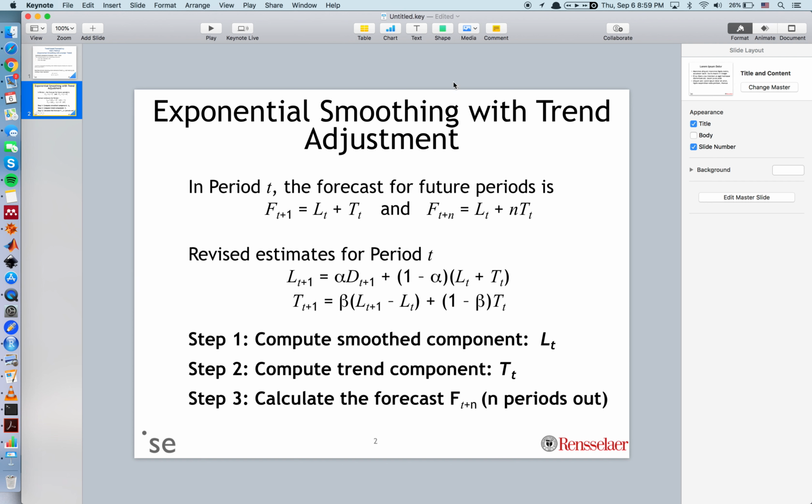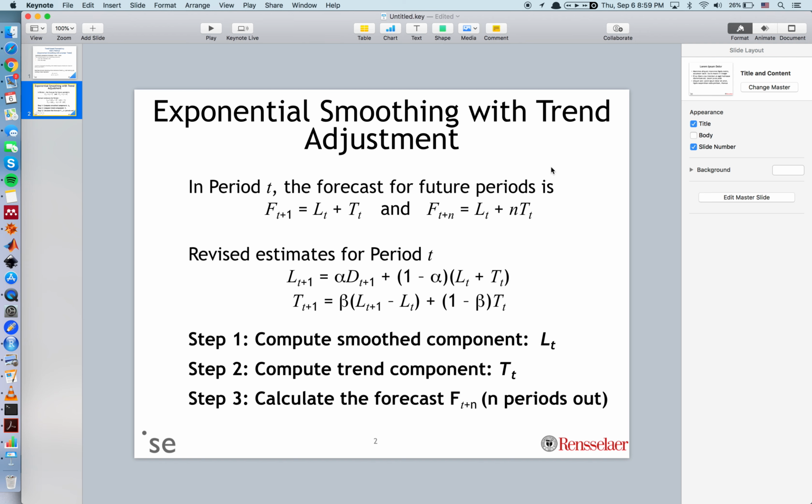So mathematically, the method is given like this. If we want to make a forecast, so if right now we are at time t and we want to make a forecast into the next period of time, then it makes sense that we go from our estimate of the level right now.